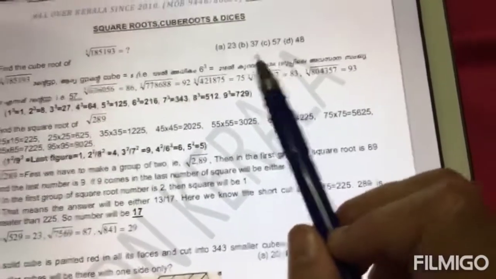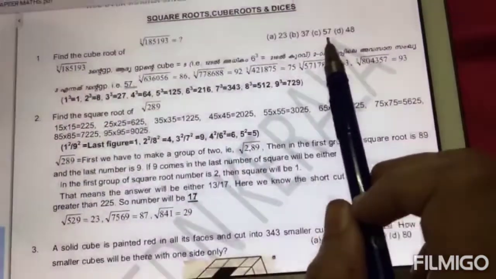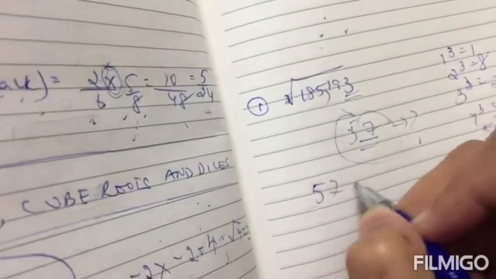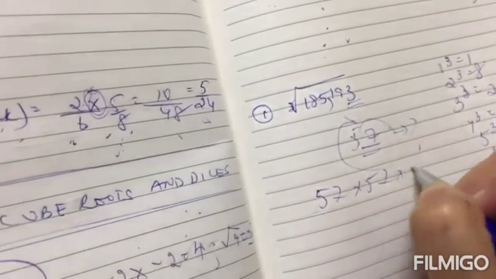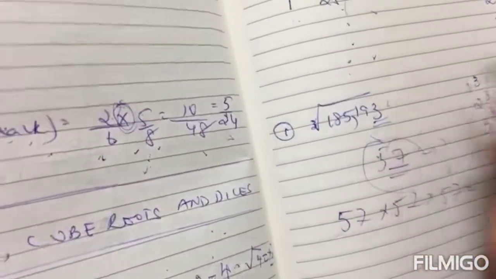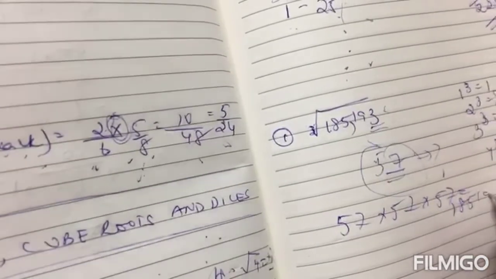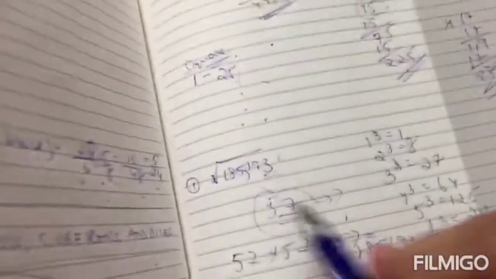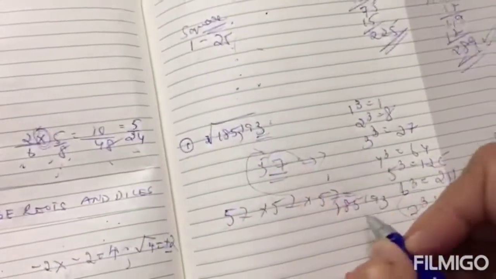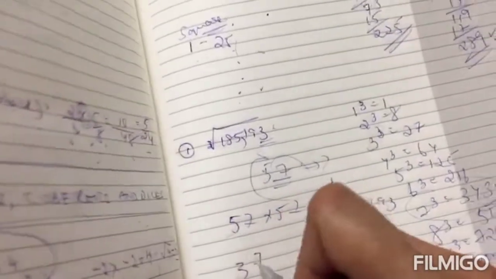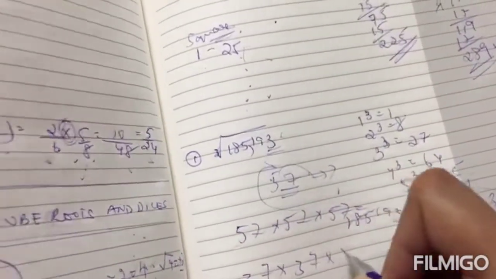Again, we don't know. So what we do is just start finding out the cube of 57. That is, you'll have to do trial and error. So what is 57 into 57 into 57? What is that? It is this number. It is 185193. How do I know? You'll have to do the calculation like that. Suppose if it is not this number, then try 37 into 37 into 37.